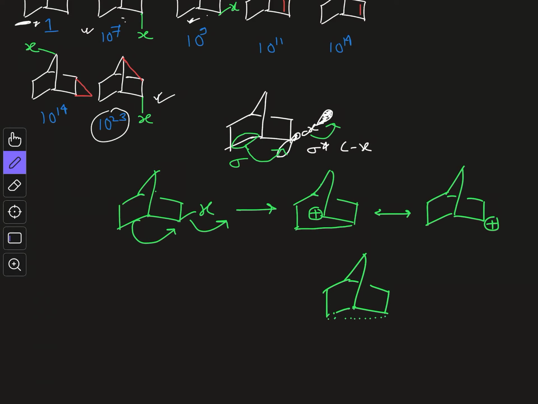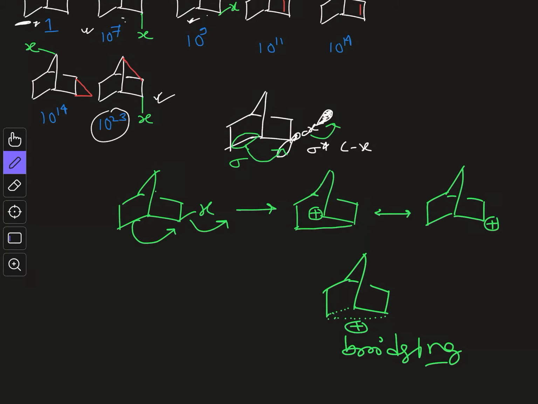This is called a bridged carbocation or non-classical carbocation, and due to this bridging of the carbocation, it is stabilized.